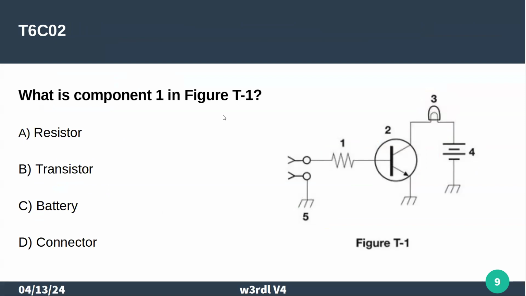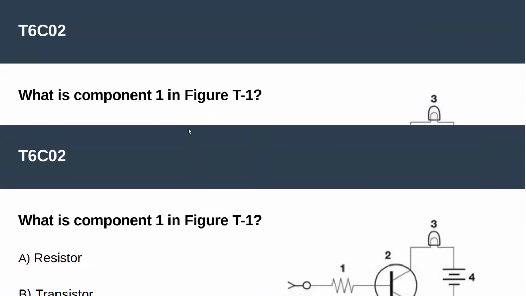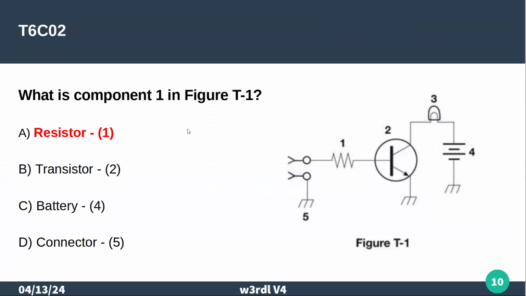So what is component 1 in figure T1? Alpha. Yep. What is component 2 in figure T1? Bravo. Yeah, now these are really going to be hard.